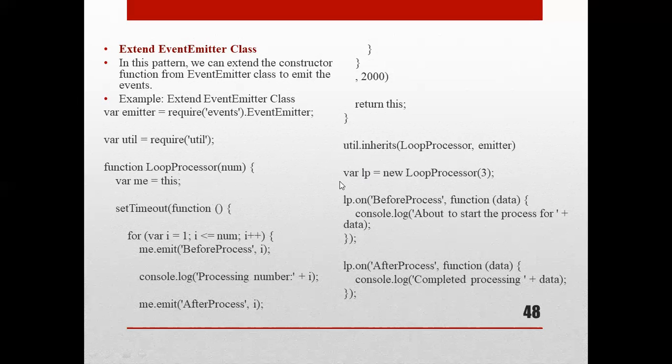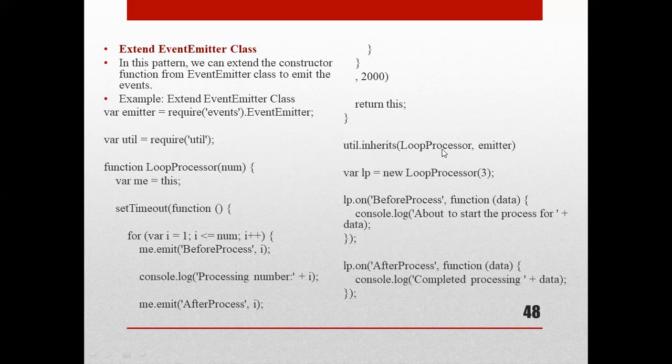Now for this loopProcessor, we set another variable, var lp equals new loopProcessor with 3 inside the brackets. In the last example also we saw this. The only difference between these two examples is that we are going to extend the event emitter class by using util.inherits loopProcessor comma EventEmitter. For that we have to import the utility module. Both examples are similar, the only difference being that we extend the event emitter class.